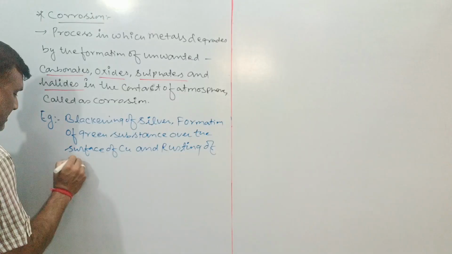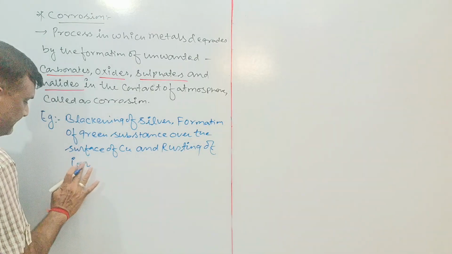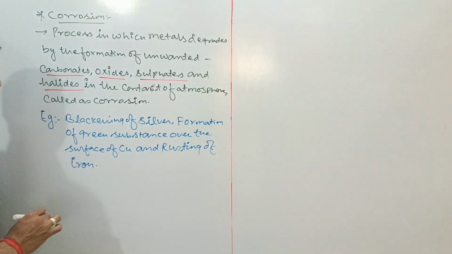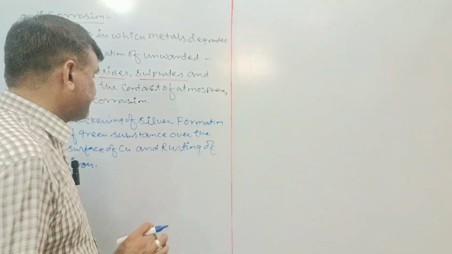Rusting of iron is the best example of corrosion.